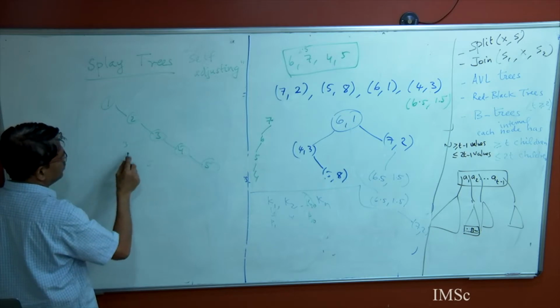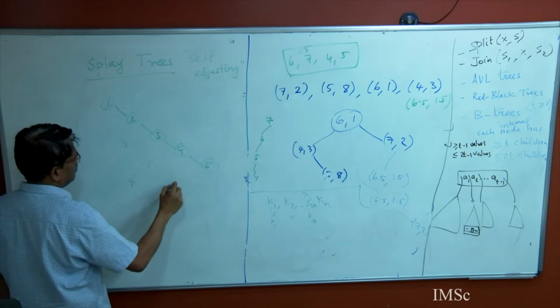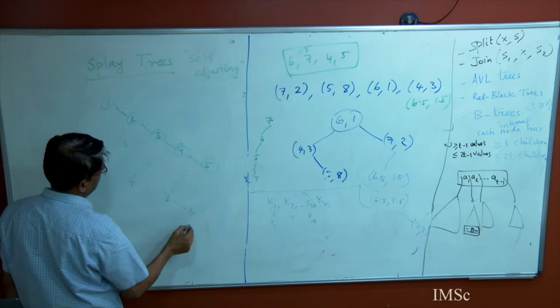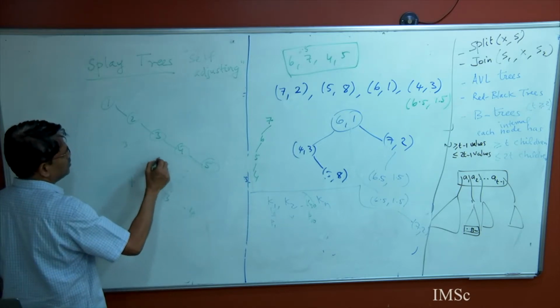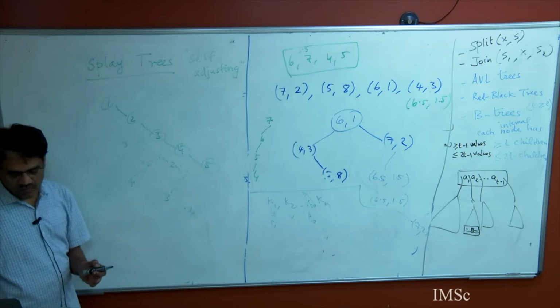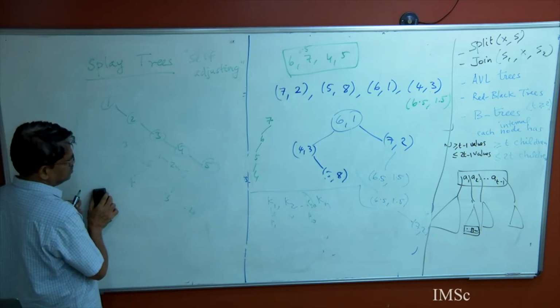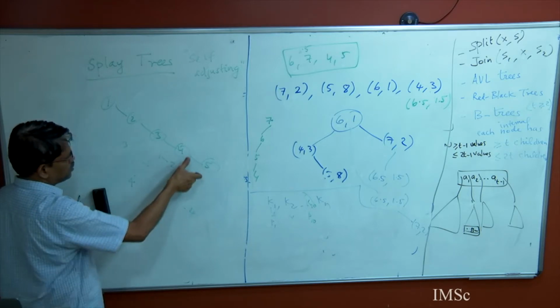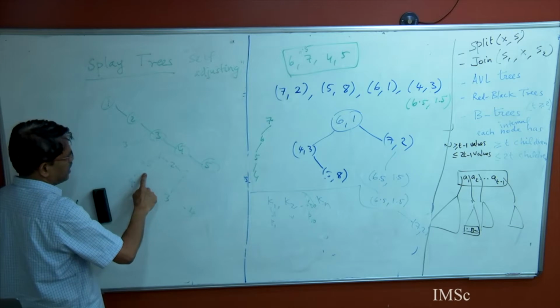So if I do a left rotation, what happens? 5 goes here, 3 comes here, and 4 will be here. Then your 1 and 2 will be, the tree will be looking like this. Right, because one left rotation will make it like this.